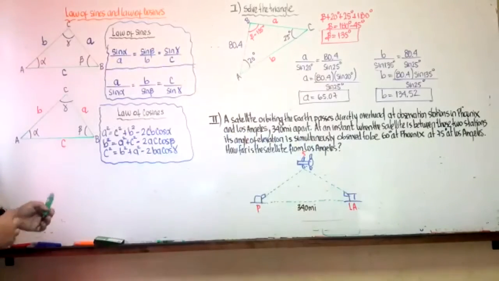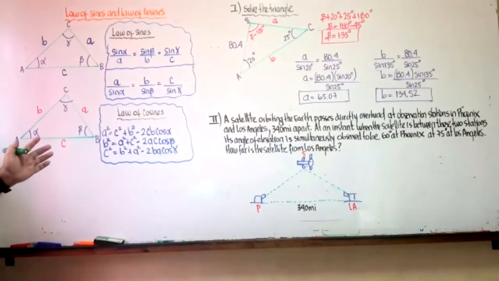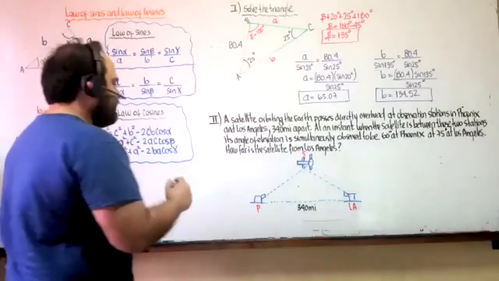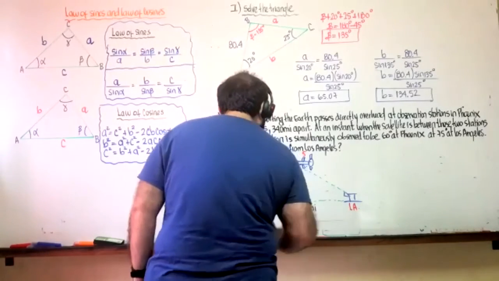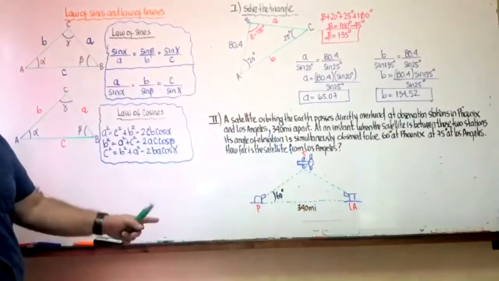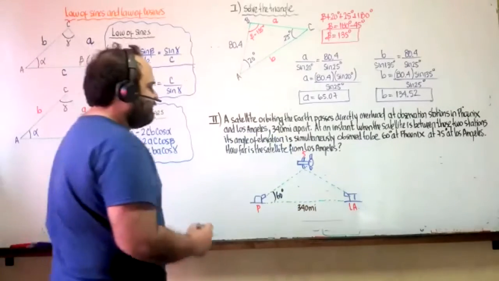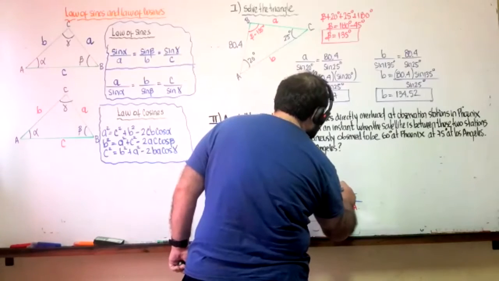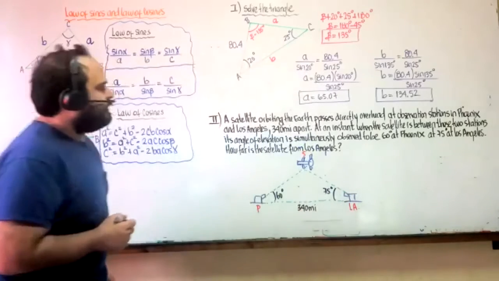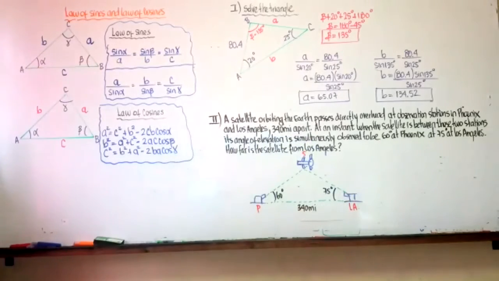The first one, in Phoenix, is 60 degrees, and the other is 75 degrees in Los Angeles. So the question is, how far is the satellite from Los Angeles?